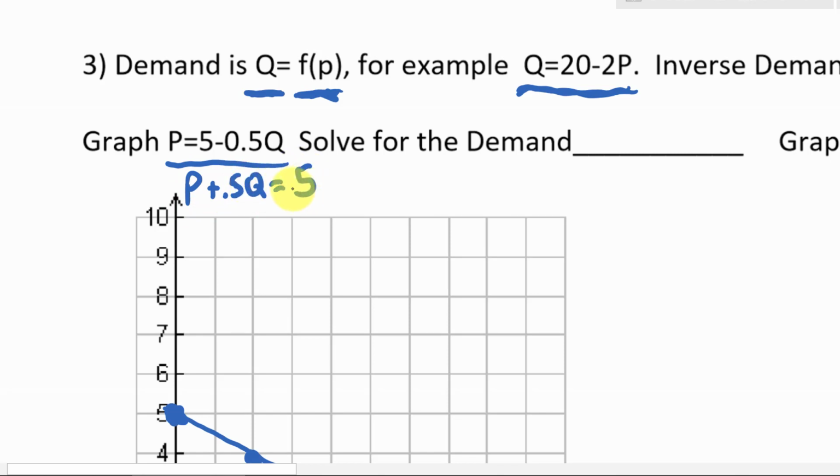And then subtract p from both sides, minus p. And then we need to get rid of that 0.5. So we could divide everything by 0.5, divide everything by 1/2. But dividing by 1/2 is the same as multiplying by 2. So multiply everything by 2. And we end up with q equals 10 minus 2p.